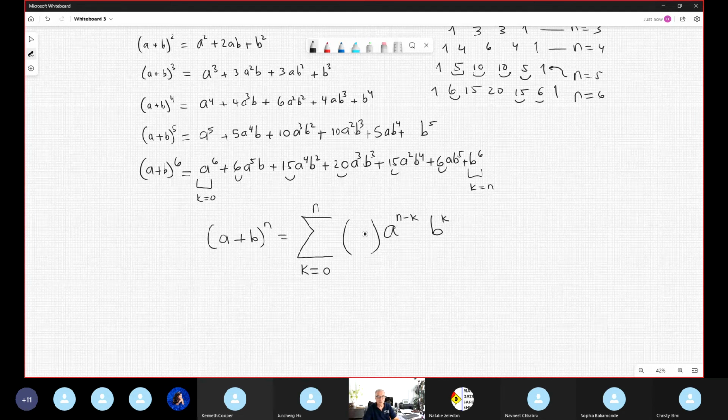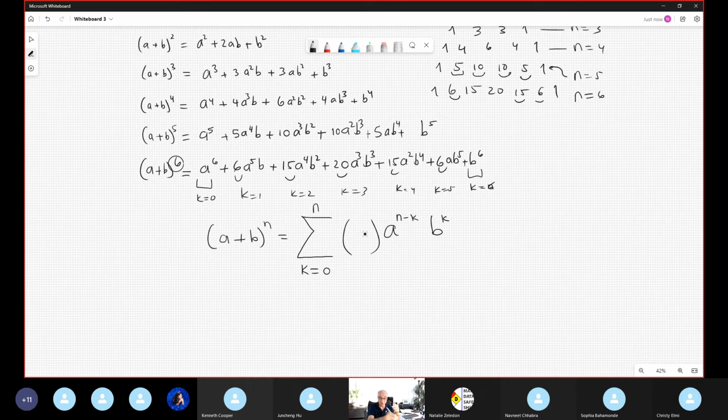What is n? Here n is 6, for example, and k is 0, 1, 2, 3, 4, 5, and 6. Now the exponent of the A, the first guy in the binomial, is decreasing, and k varies because k goes from 0 to n.